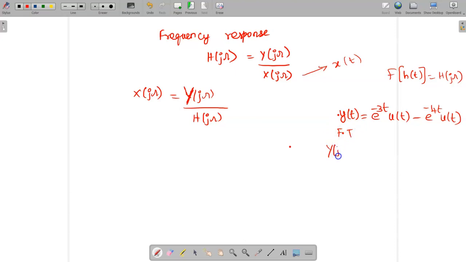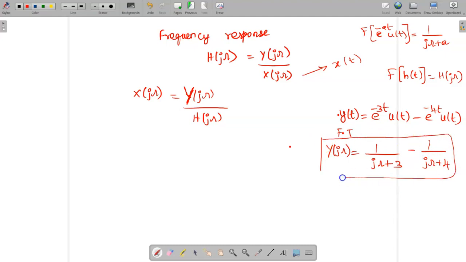The Fourier transform of e^(-at)u(t), the general formula, is 1/(jω+a). So the first term is 1/(jω+3), minus the Fourier transform of the second term, which is 1/(jω+4).